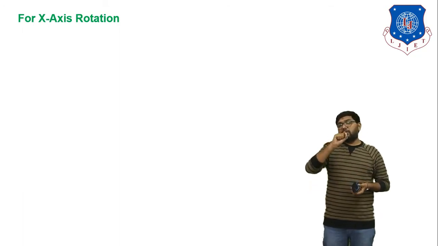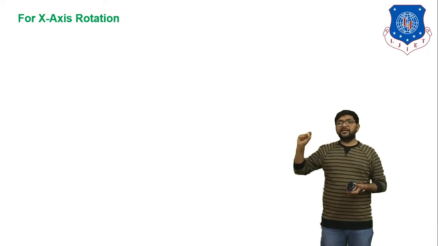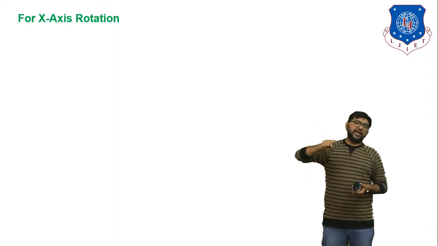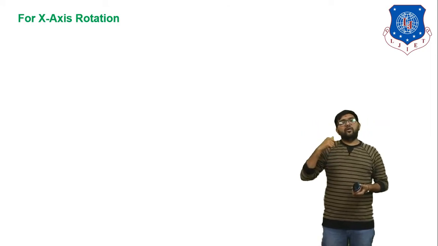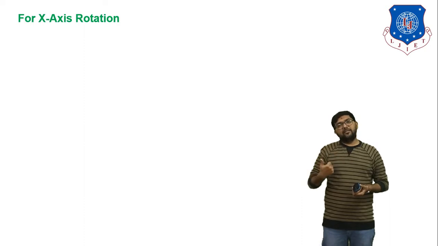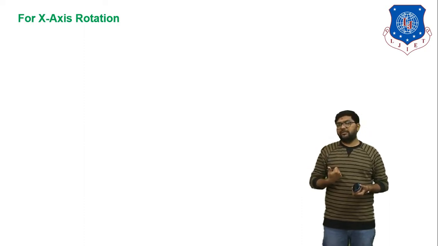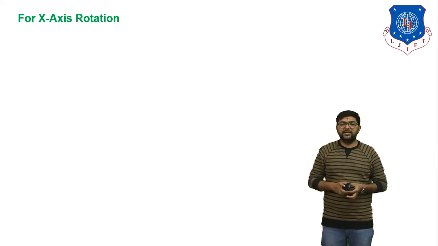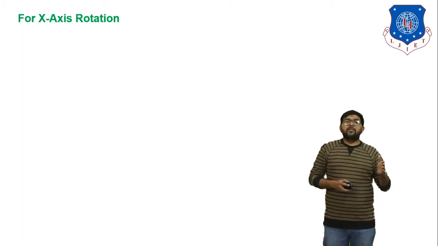Once you find the rotation about the x-axis in the anti-clockwise and clockwise directions, those are two equations. For the y-axis you again find the anti-clockwise and clockwise equations, and likewise for the z-axis. So first we derive the equation for rotation about the x-axis.